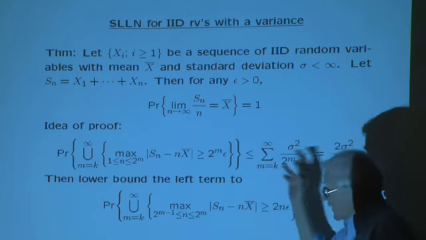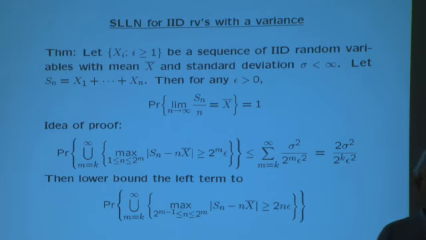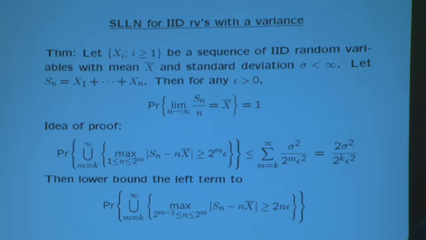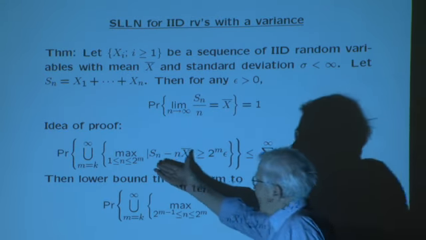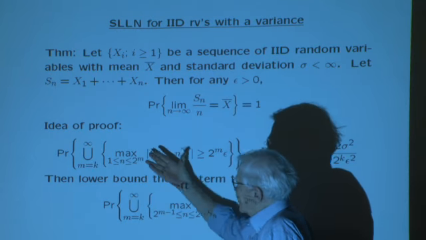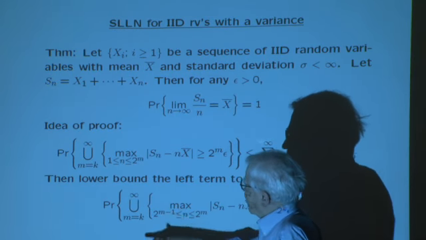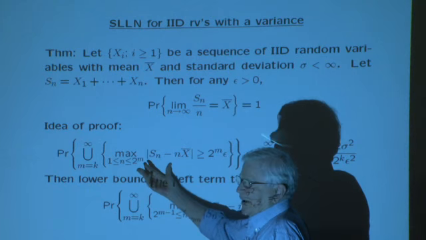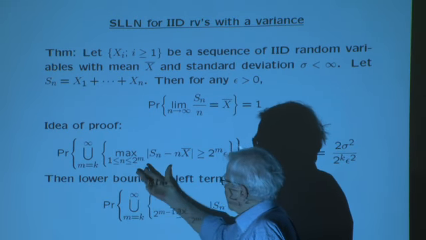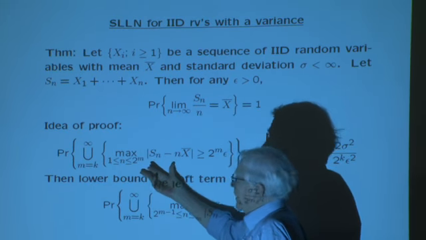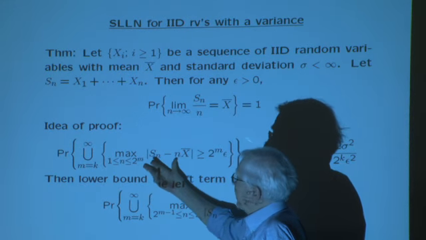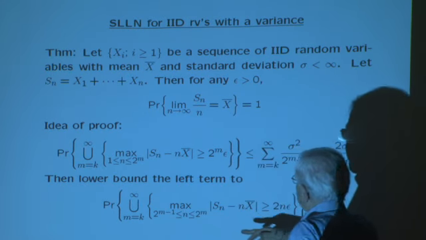Now, why is this less than or equal to that? The union bound, yes, that's all it is. I've just applied the union bound to this. This is less than or equal to the probability of this for m equals k plus the probability of this for m equals k plus 1 and so forth.